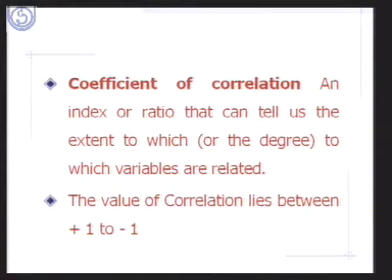Now, you can see on the screen, we have the definition of a coefficient of correlation. Coefficient of correlation is an index or ratio that can tell us the extent or degree to which variables are related. So, basically, we are interested to find out three things.